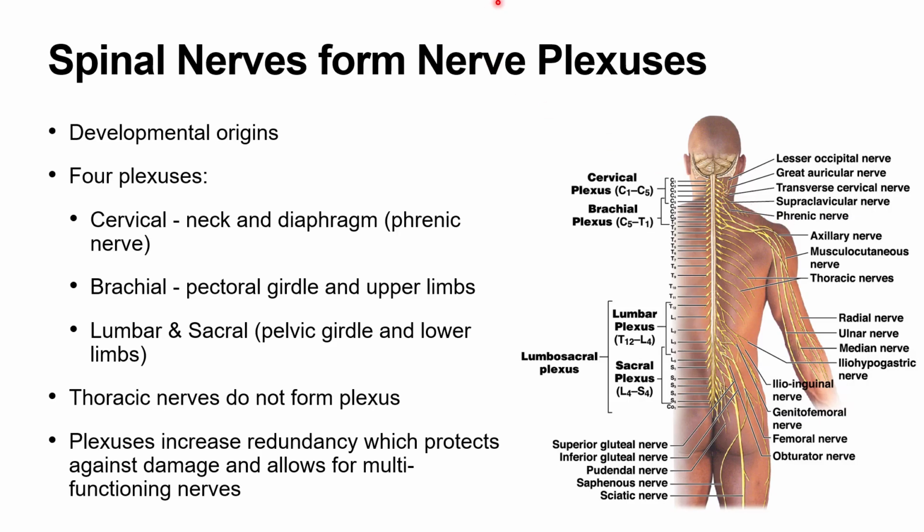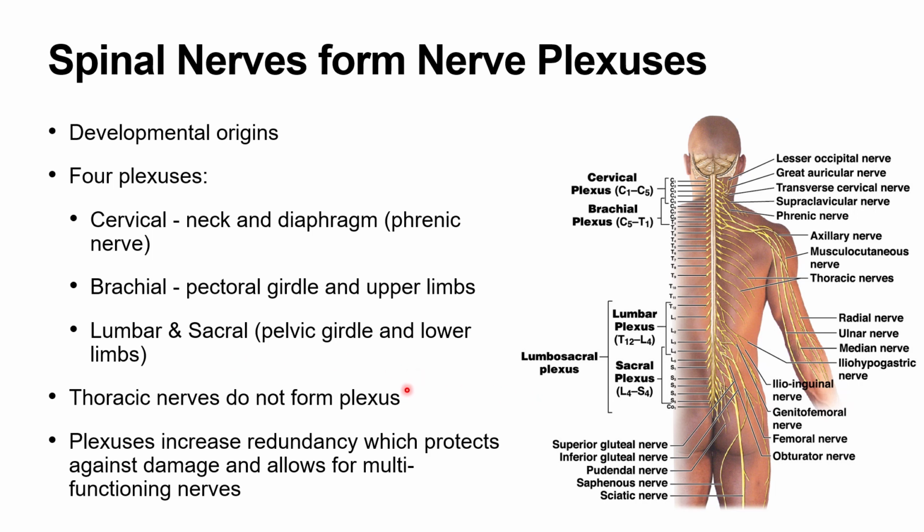We have four main plexuses in the body. They're going to be the cervical plexus, the brachial plexus, and the lumbar plexus, as well as the sacral plexus. The lumbar and the sacral plexus actually have quite a bit of overlap between the two, so we tend to call them collectively the lumbosacral plexus, to be short.